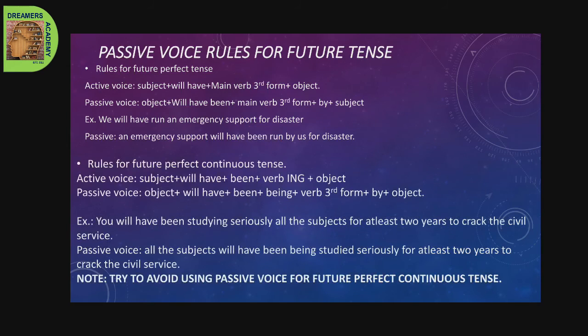Then the future perfect continuous tense. The active voice rule is subject, then will have, then been, then verb ing, then object. And the passive voice rule is object, then will have been, then being, then verb third form, then by plus the subject.